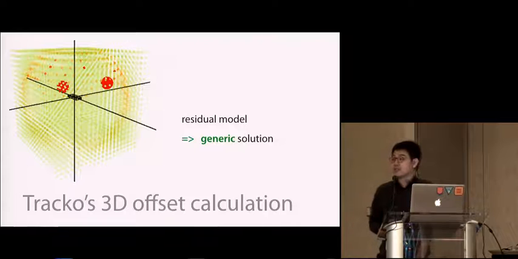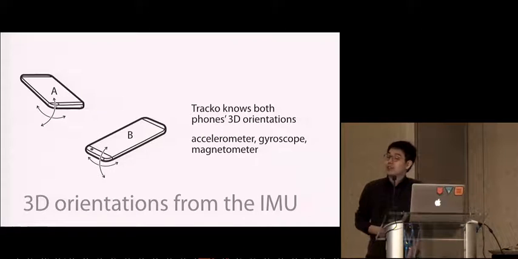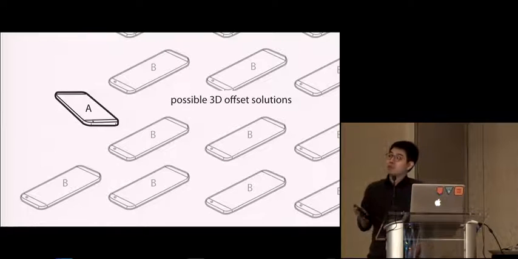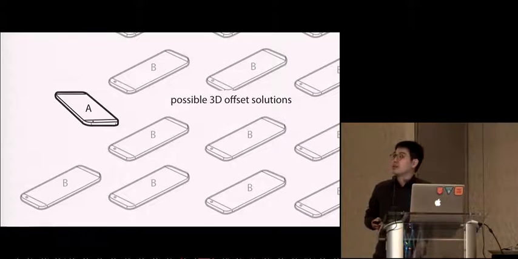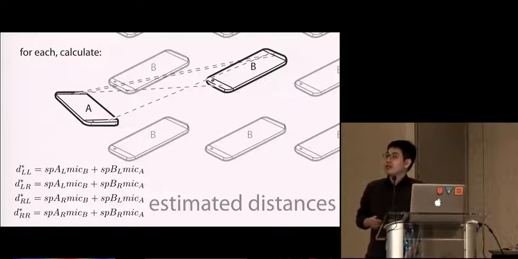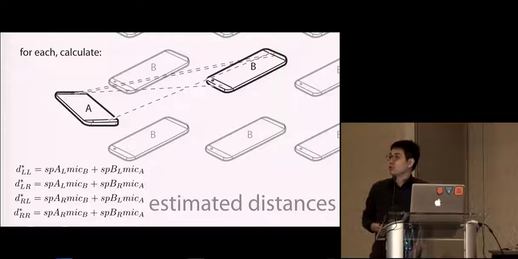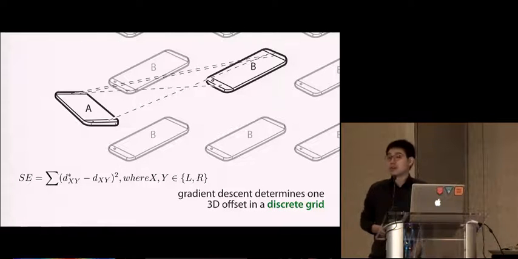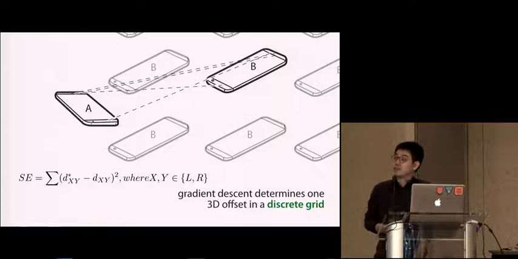From the IMU sensor on the phone, we know the relative orientation. So we can imagine the possible phone solutions would be spread out in the 3D space. For each possible solution, we can estimate the distance. Then we compare the estimated distance with our observation from the audio signal, and we use gradient descent to determine the solution.